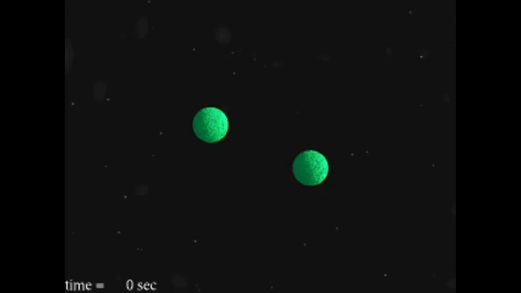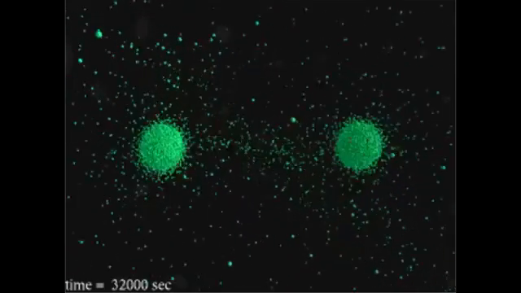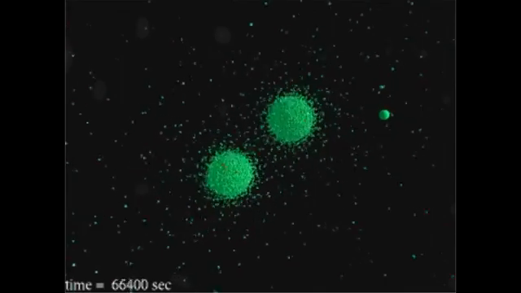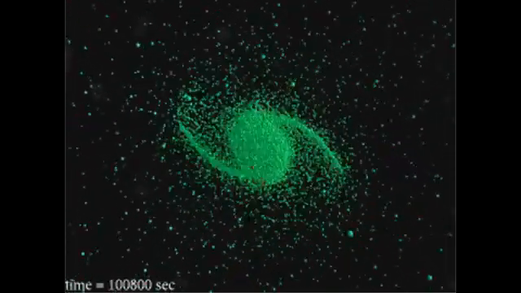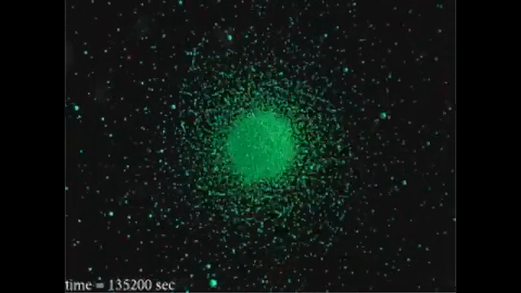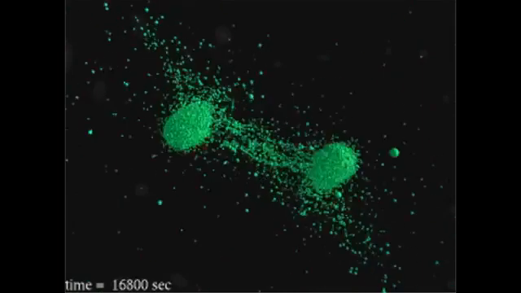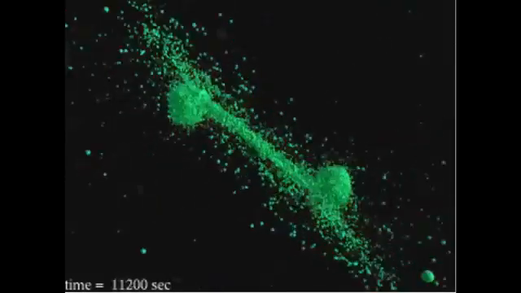This is an SPH simulation of an impact. In this case, two embryos merge after a collision. The energy dissipation by first contact is large enough for the two bodies to become one body, right? But sometimes, if the impact parameter is not small enough, it just hits and runs.